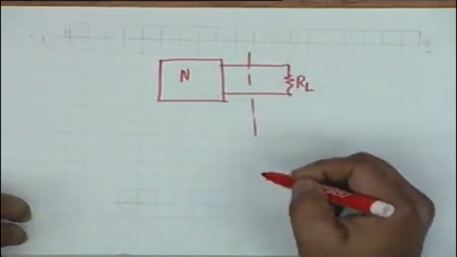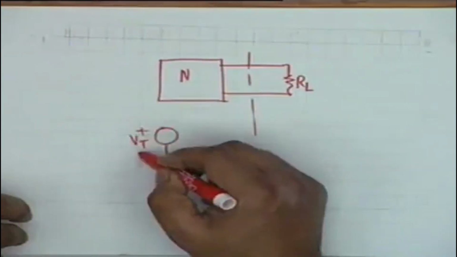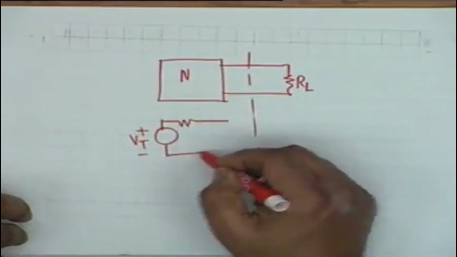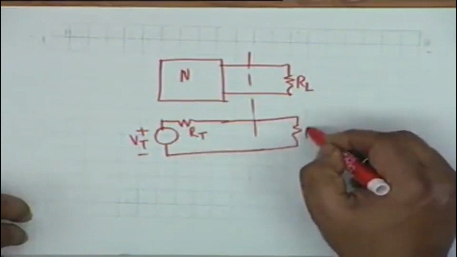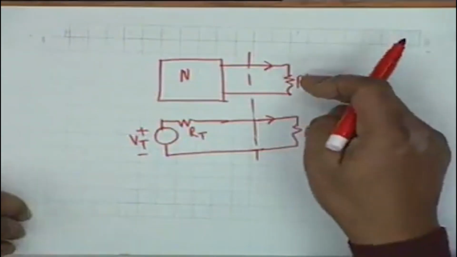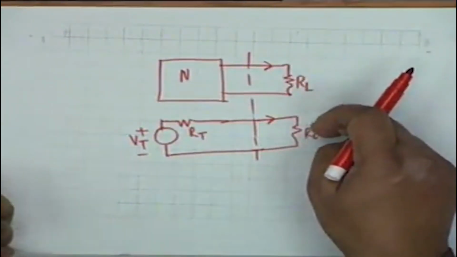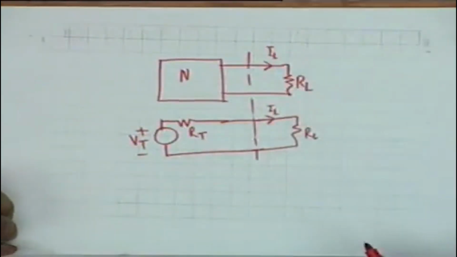Now, if N is equivalent to VT and in series RT, then the current in the load in either network should be the same. If this current is IL, then this current should also be equal to IL.